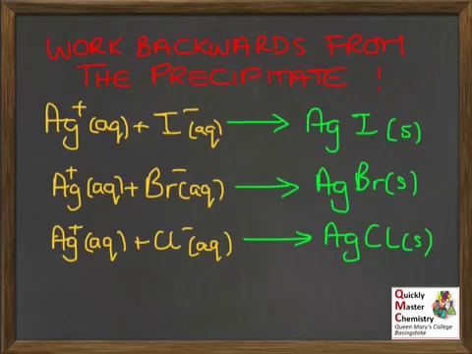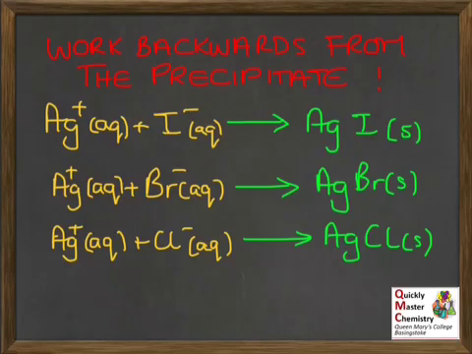So the point to get here is, it doesn't matter what else was present in the solution with a halide ion. The top one could have been potassium iodide or lithium iodide or sodium iodide or anything iodide. When we add silver nitrate, it's just the iodide ion that reacts with a silver ion to make the solid silver iodide precipitate.